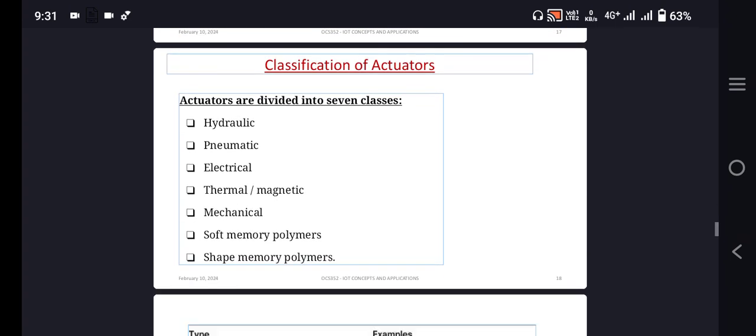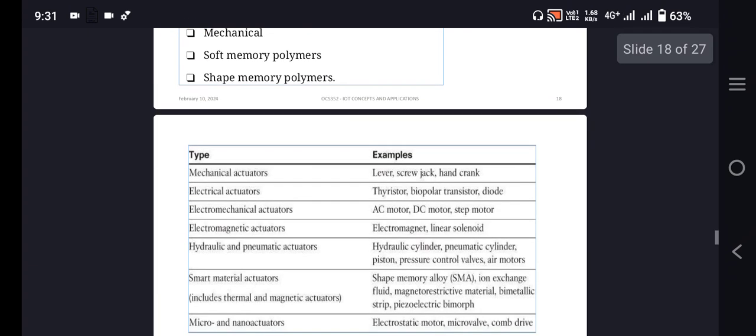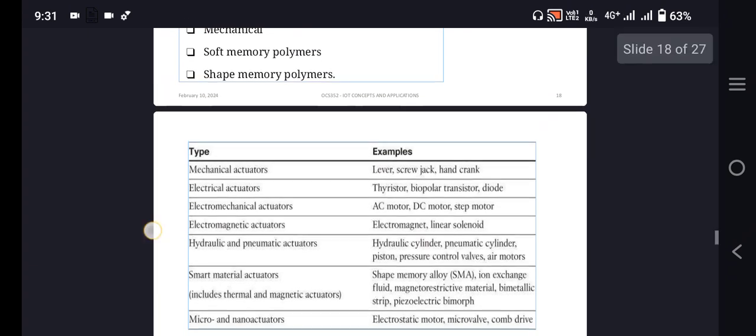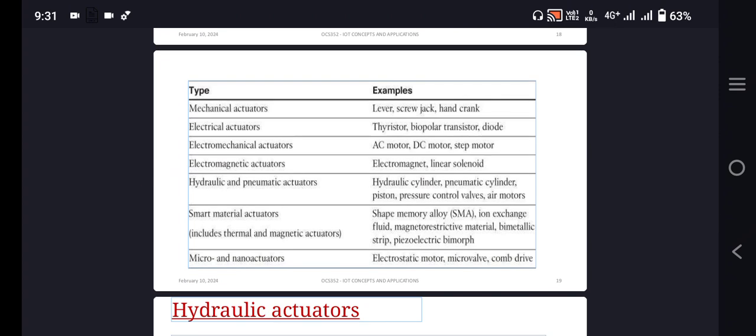Classification of actuators. Actuators are divided into 7 classes: hydraulic, pneumatic, electrical, thermal or magnetic, mechanical, soft polymers, shape memory polymers. Examples of mechanical actuators are lever, screw jack, hand crank.